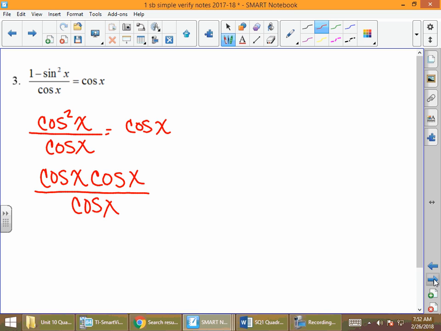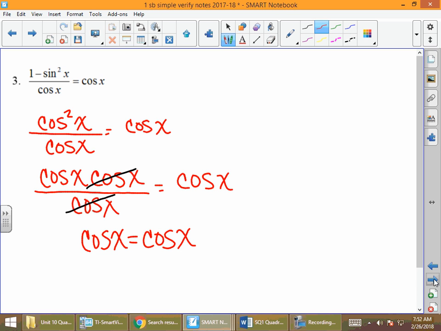When we simplify this, do we have anything exactly the same on the top and the bottom? We have a cosine x exactly the same on the top and the bottom, so we can cancel it out. And when we cancel it out, we verify our equation because we have cosine of x on the left side and cosine of x on the right side.